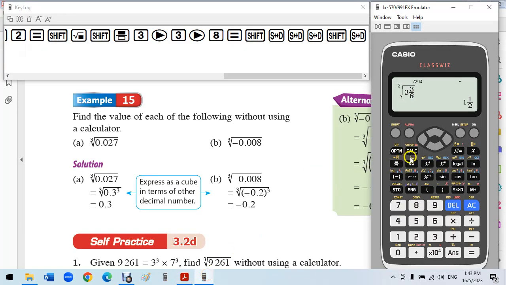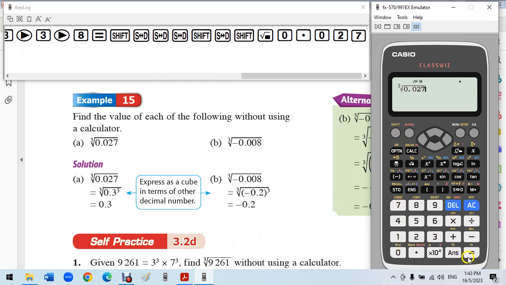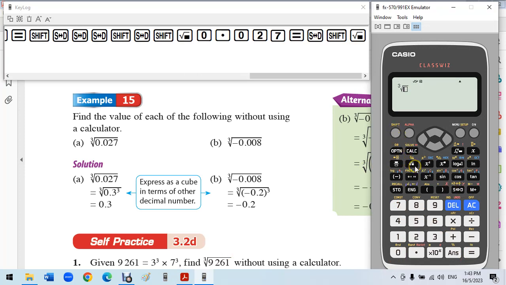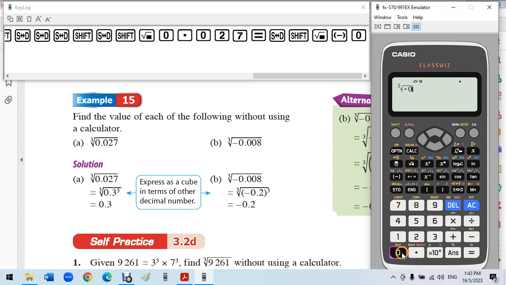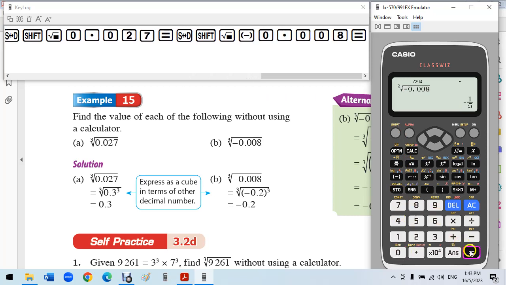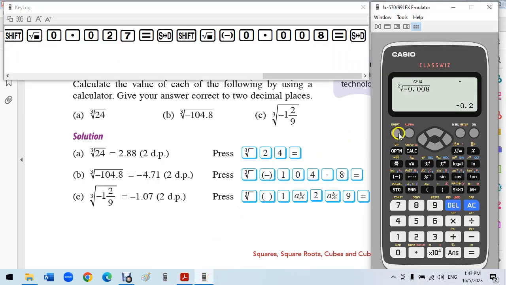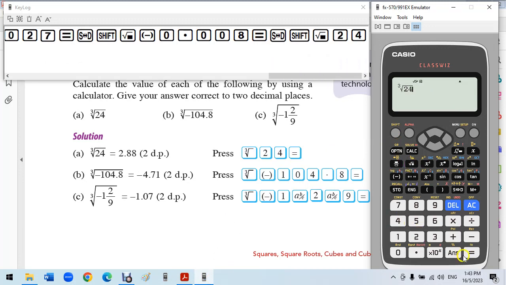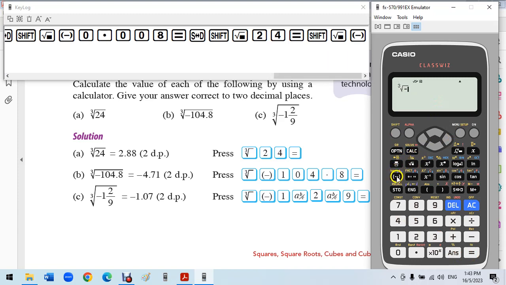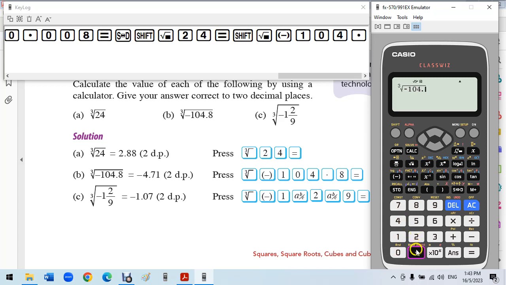Okay, so this one we want to find the cube root of 0.027, 0.3, and cube root of negative 0.008. Then I have the negative 0.2. Okay, so this one they want the cube root of 24, 2.88, cube root of negative 104.8.